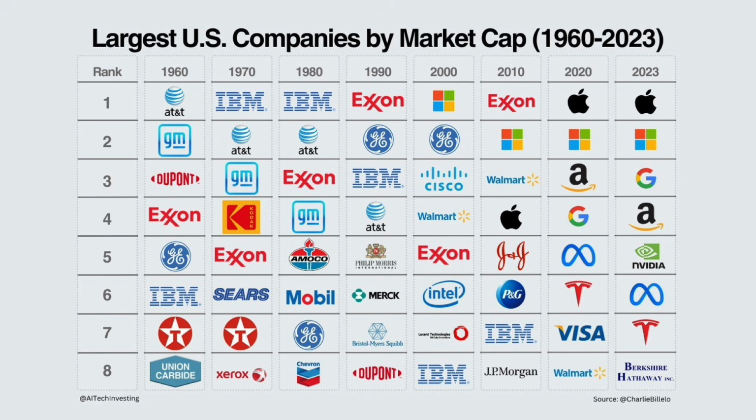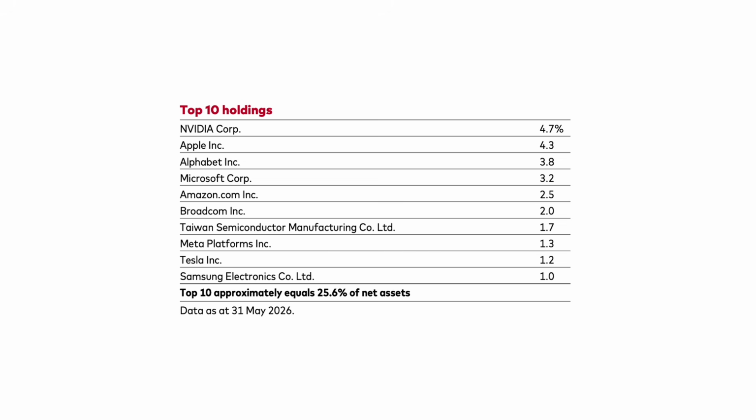The largest companies in the 1960s, the 80s, and the 2000s looked very different from today's list. Some disappeared from the top altogether, others were overtaken by the next generation of winners. So although you own thousands of companies, your performance is still heavily influenced by a relatively small number of them.